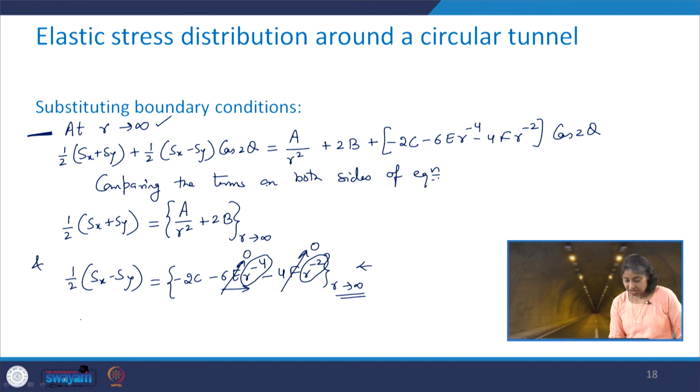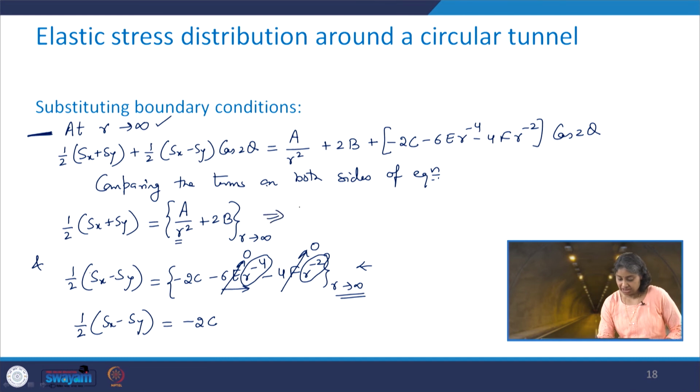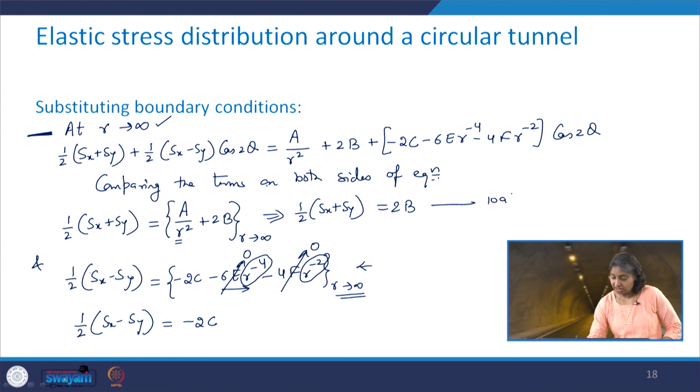So, ultimately half (Sx minus Sy) is going to be minus 2c, and if this r is very large, from here you will get half (Sx plus Sy) is equal to 2b. I will write this as equation 10a and this as equation 10b.